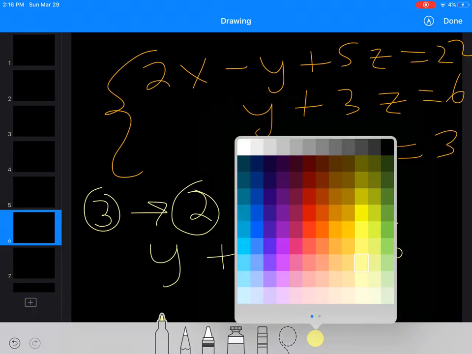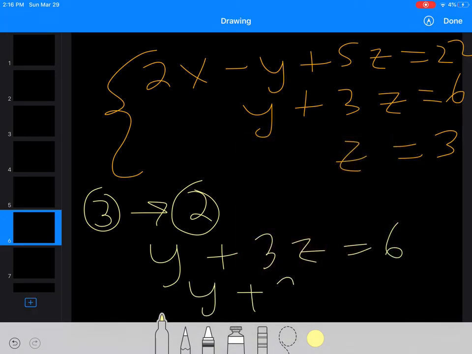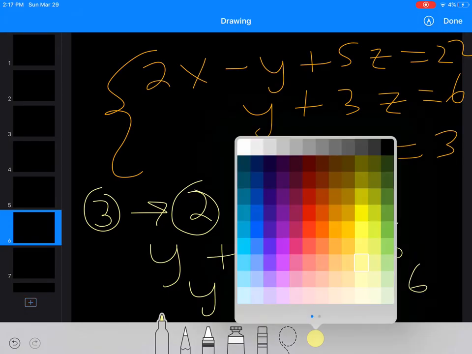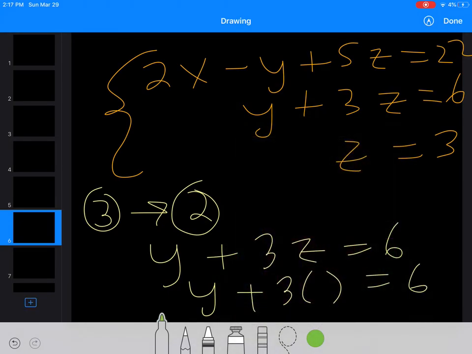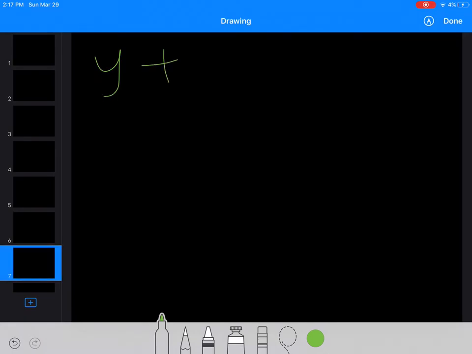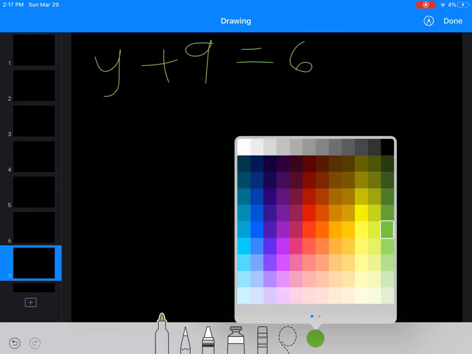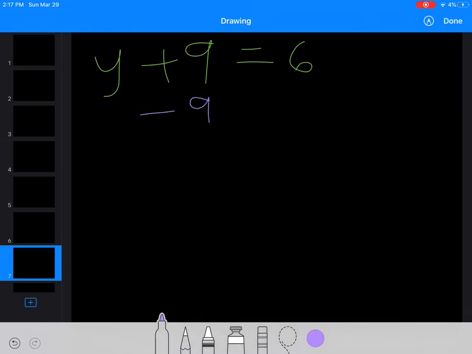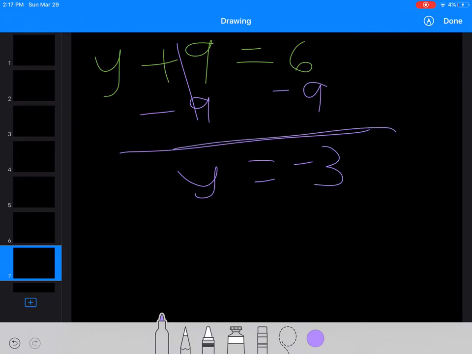And what we're going to do is plug in z into equation 2, and z was 3. On the next slide, I'm going to simplify that up a little bit. So we're going to get y plus 9 equals 6. So all we have to do is subtract 9 from both sides, and I get y equals -3.